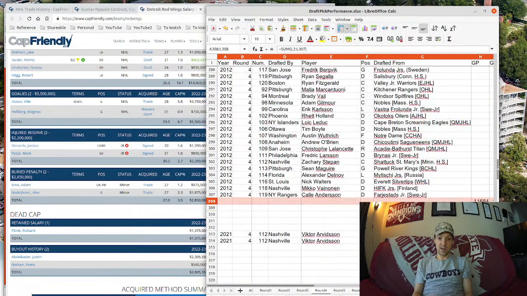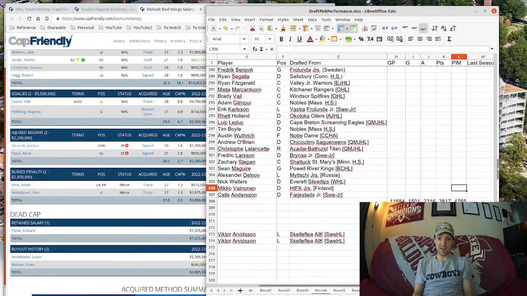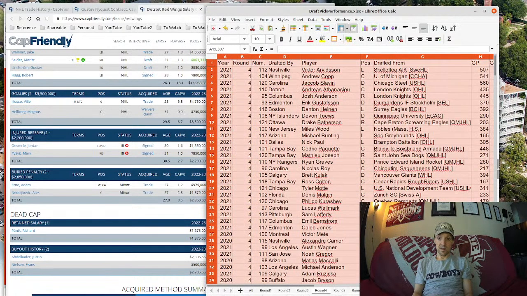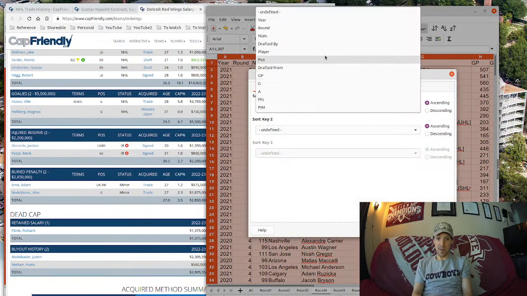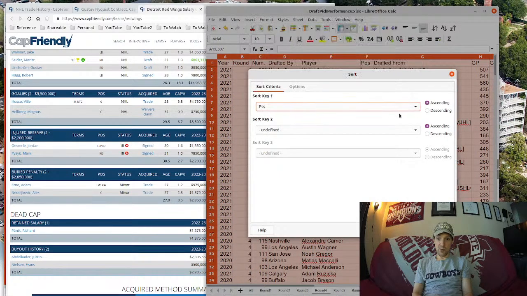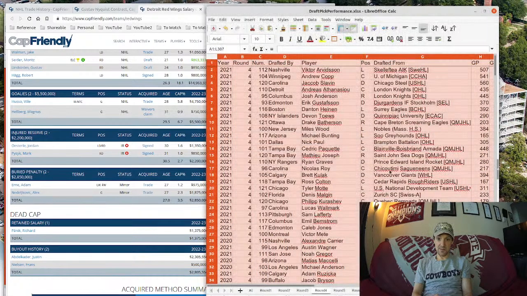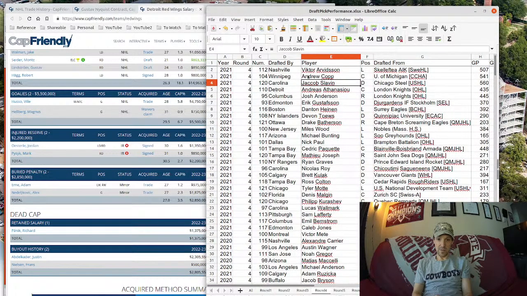So, let's see for fourth round picks. We want points, descending. So let's see here. Tampa again showing up multiple times towards the top. That's about it.